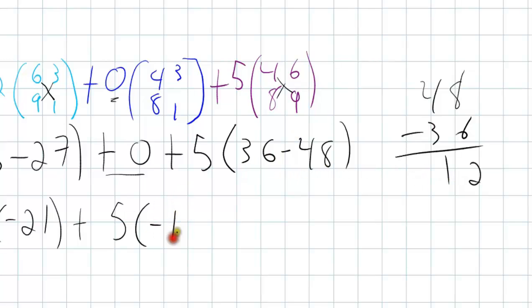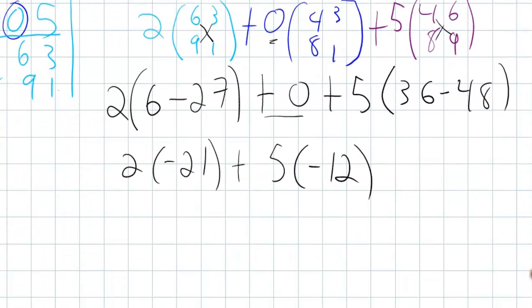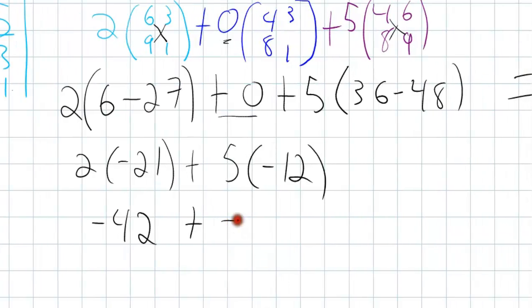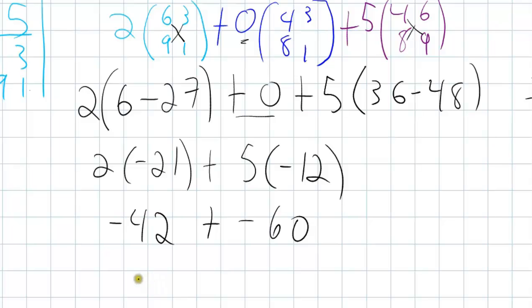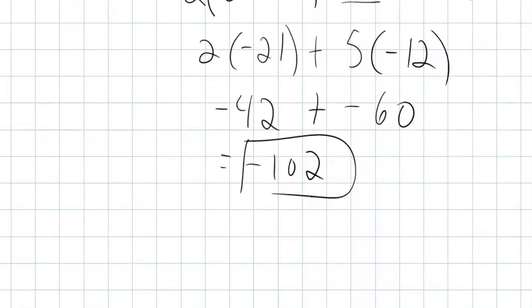Good, negative 12. And then I just continue simplifying. So this is going to be negative 42 plus negative 60, and we're going to get negative 102. I didn't manage to put in the options for the answers this time, but this is your answer.